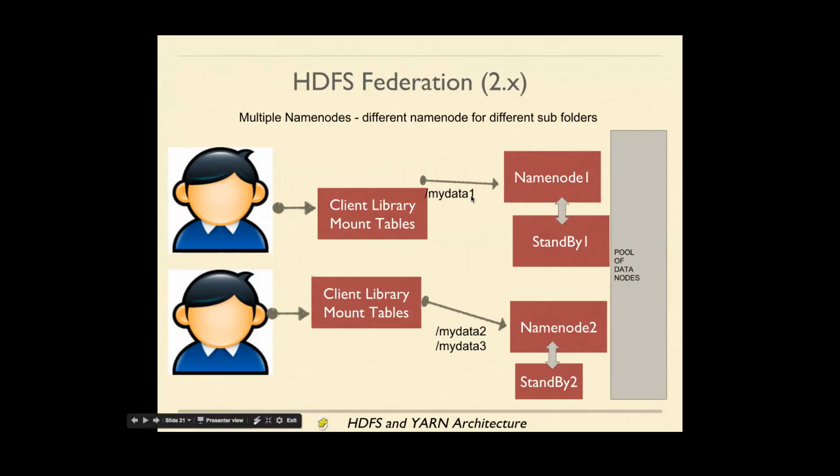Anything to do with this folder, whether we are creating a file inside it, creating folders inside it, or adding more and more files into this folder, all of this will only involve one name node. Not both. Similarly, if we are doing anything to data 2 and data 3, we are talking to this one.